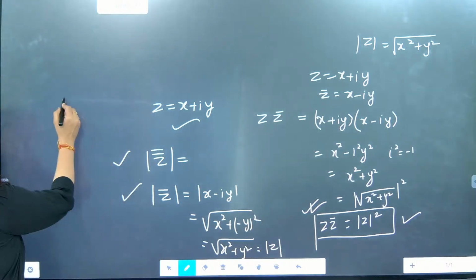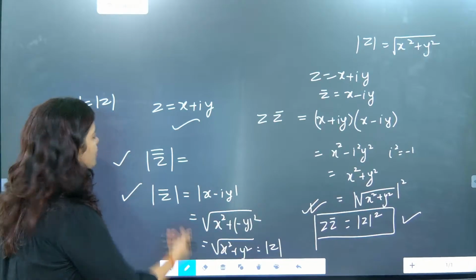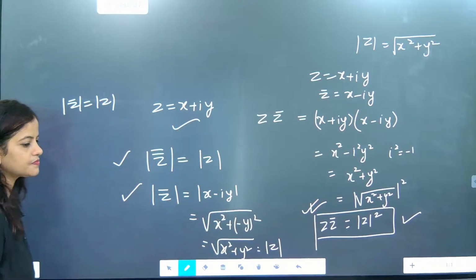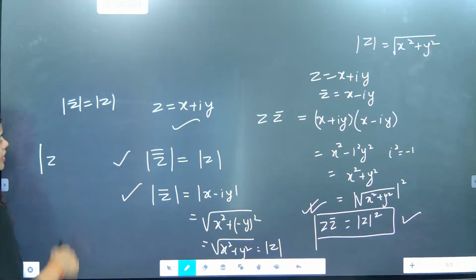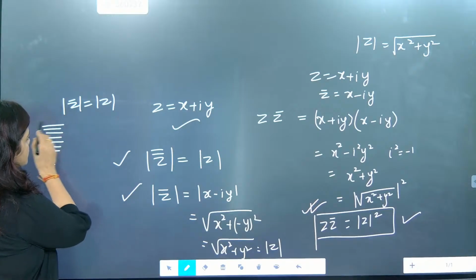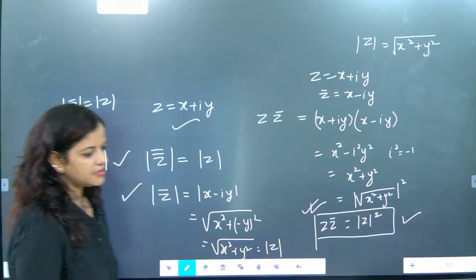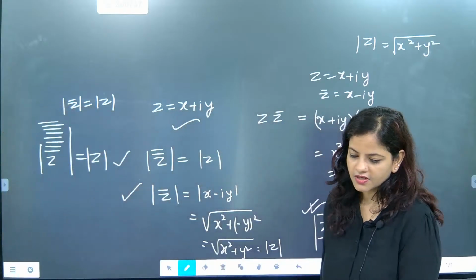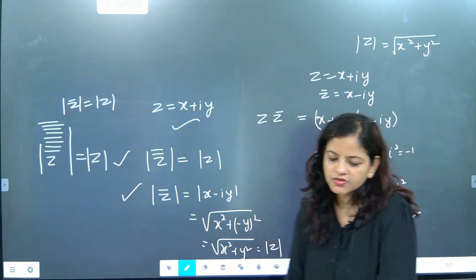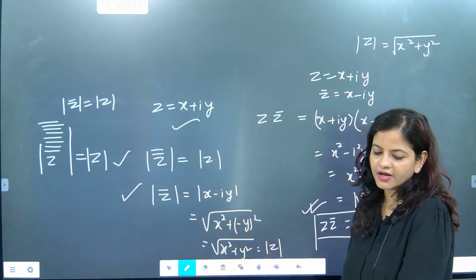So if I write it like this, it is equal to mod z. And if the conjugate is coming n times, is it equal to this? Yes. No change, no change with the root. Yes, absolutely correct, Sujay. So that is understood.